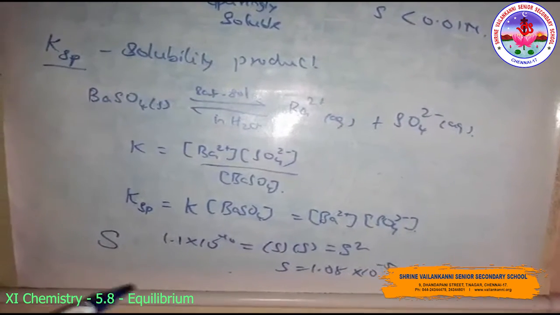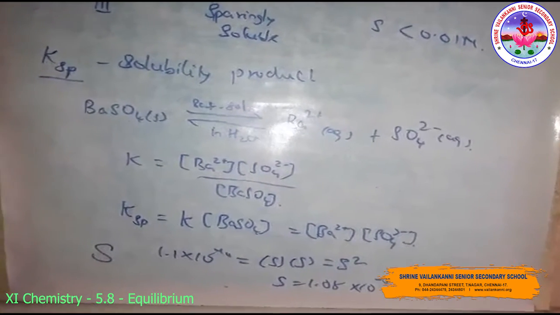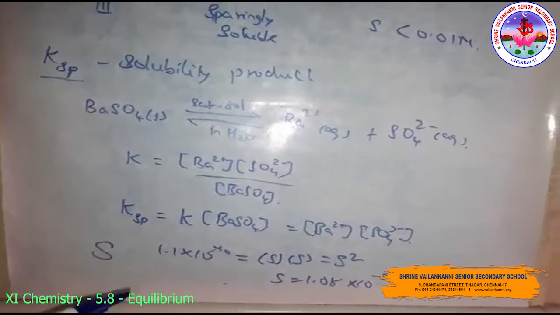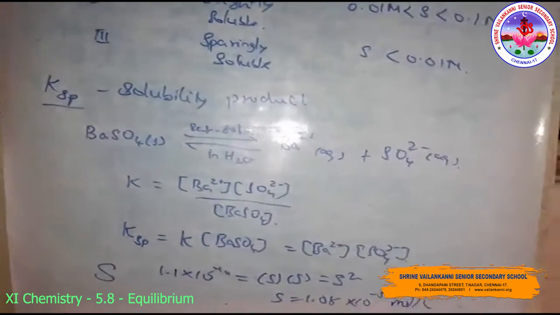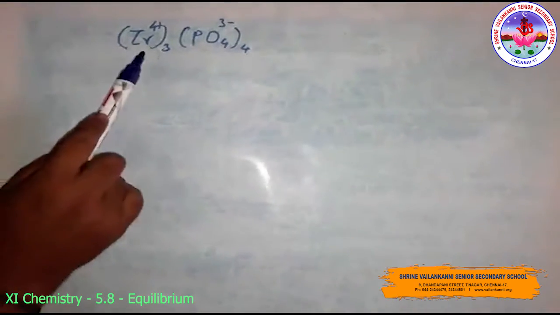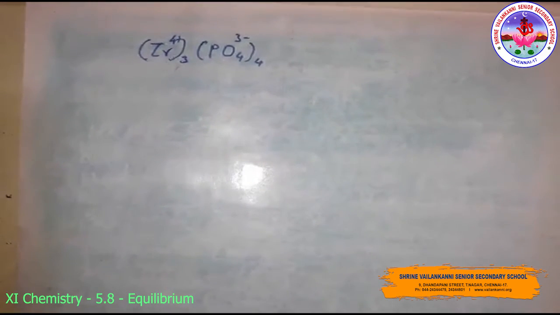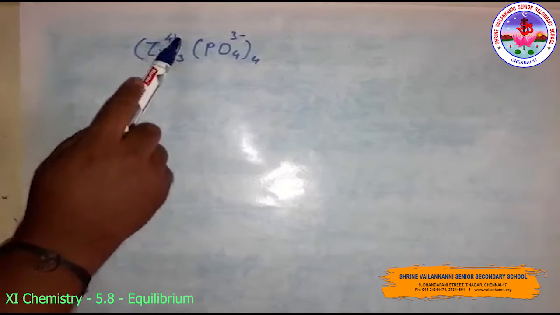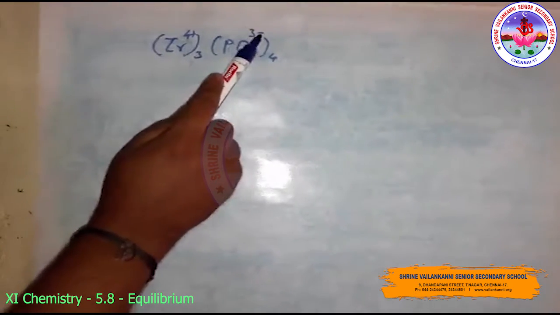A salt may dissociate into two or more anions and cations carrying different charges. For example, zirconium phosphate dissociates into 3 zirconium cations of charge plus 4 and 4 phosphate anions of charge minus 3.